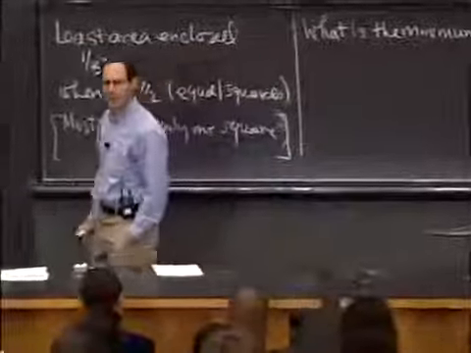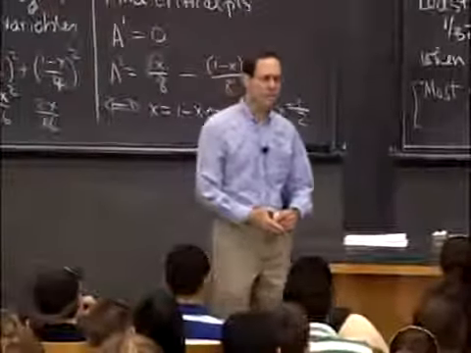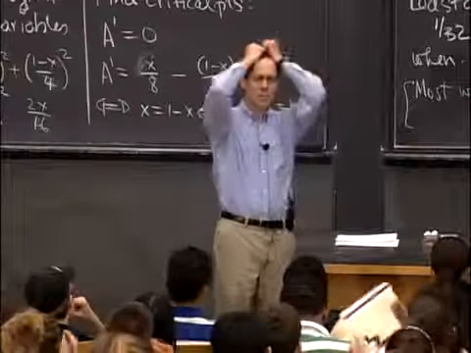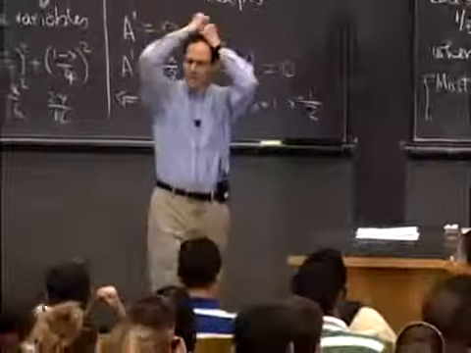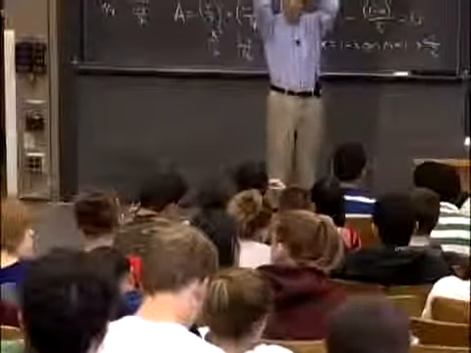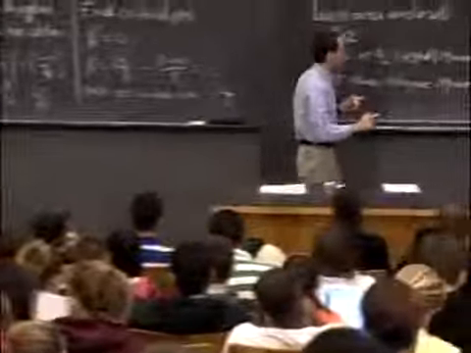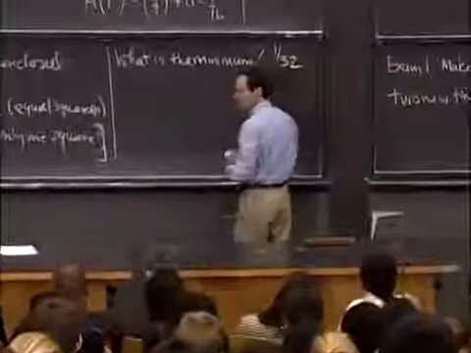Right, the lowest value of the function. So the answer to that question is 1 over 32.